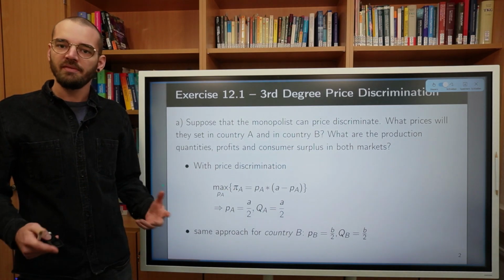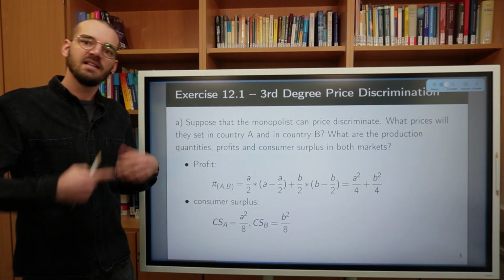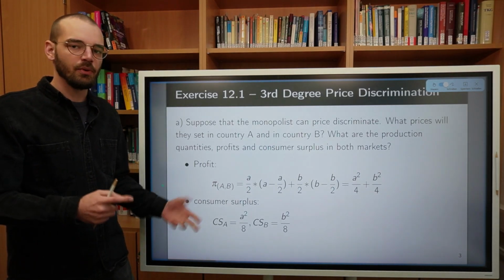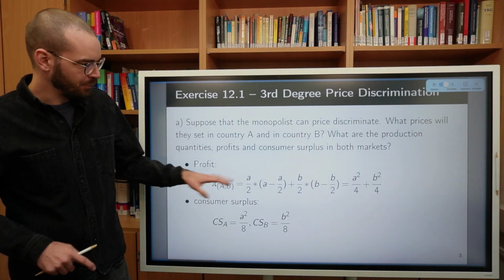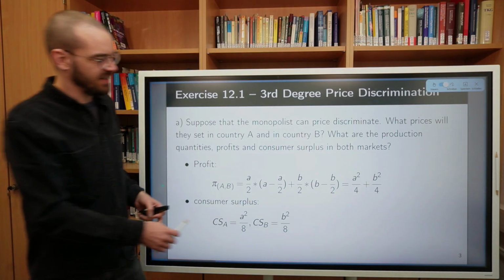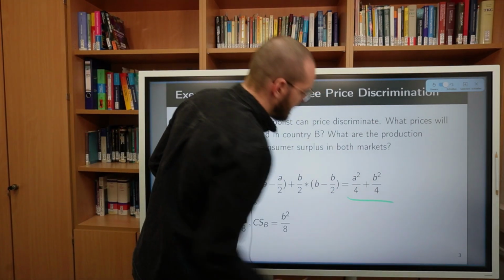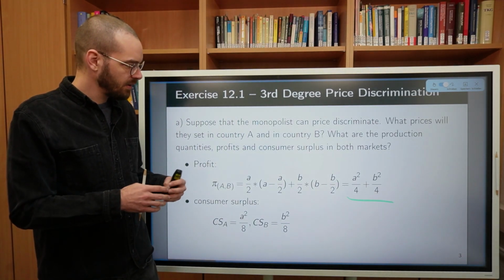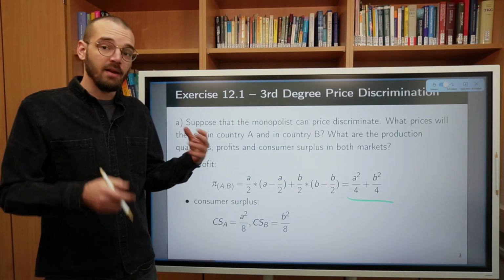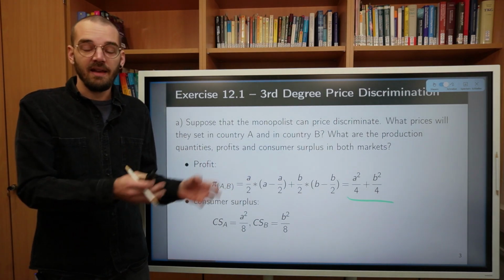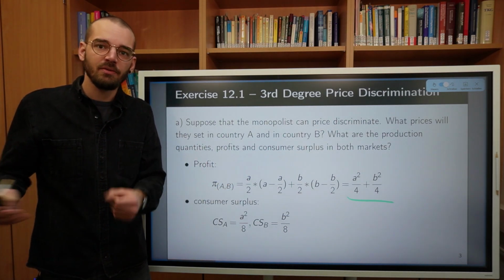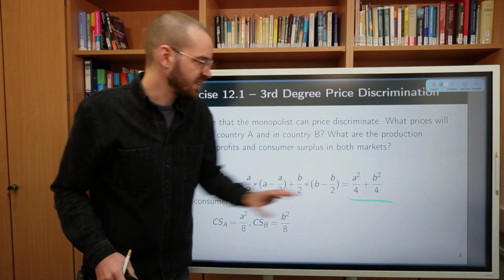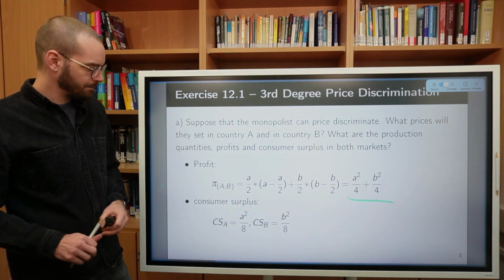So calculating profits is as easy as that, simply plugging in the equilibrium results we just calculated for price and quantity. If we do so, we can then simplify the expression and state that the overall profits of this monopolist, when adding profits from market A and profits from market B, is A squared divided by 4 plus B squared divided by 4.